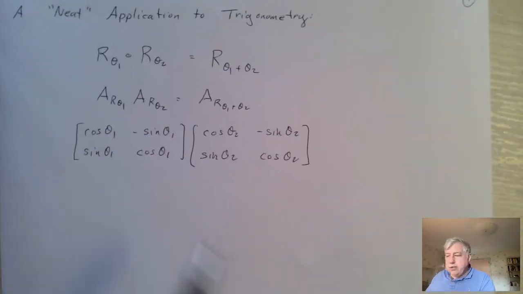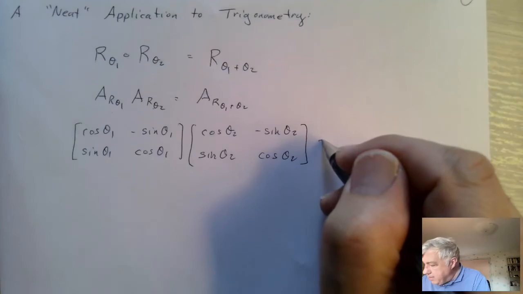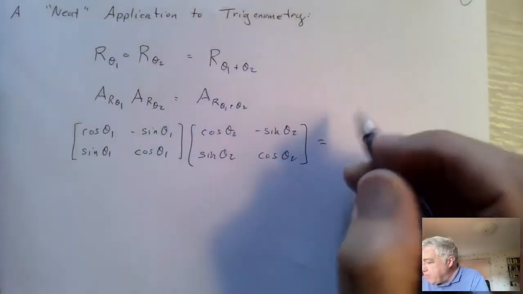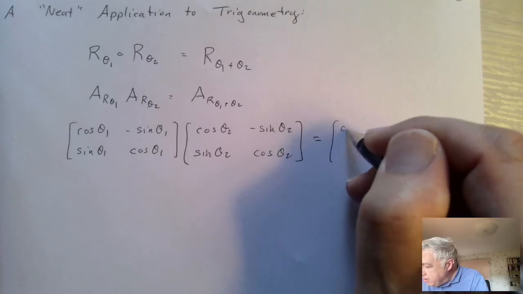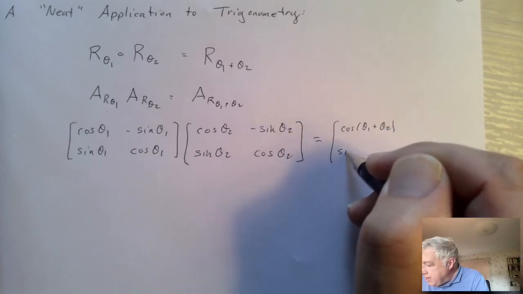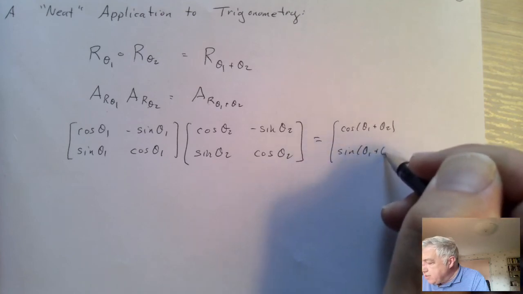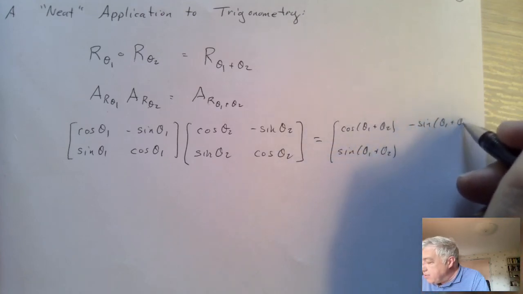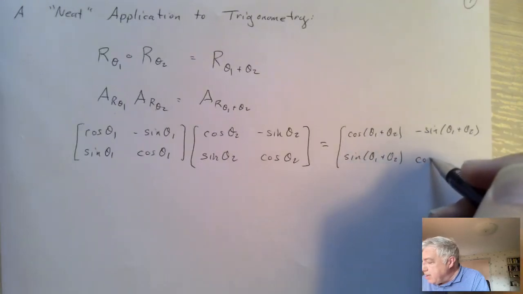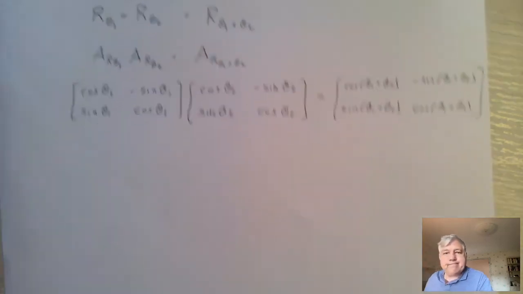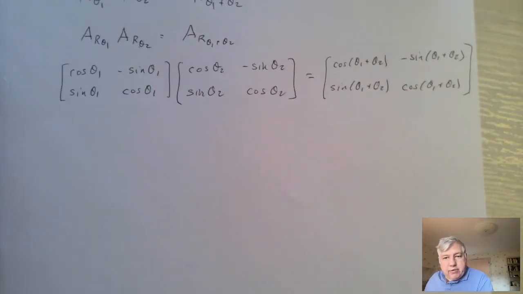So those are these two matrices. And then the matrix representation for r theta 1 plus theta 2 will be [cosine of theta 1 plus theta 2, sine of theta 1 plus theta 2; minus sine of theta 1 plus theta 2, cosine of theta 1 plus theta 2]. Okay, and now we just multiply this.